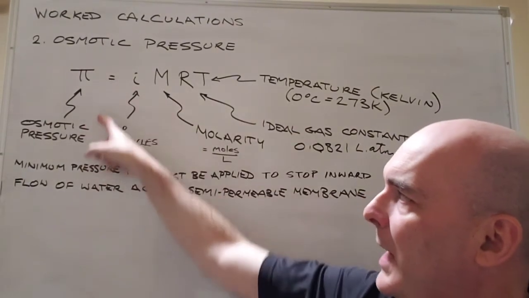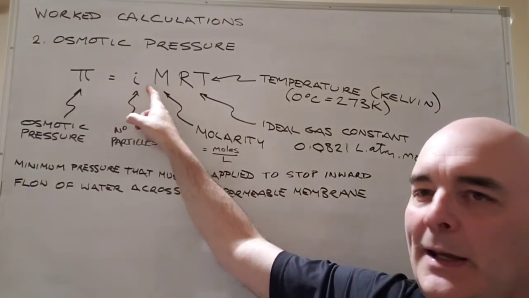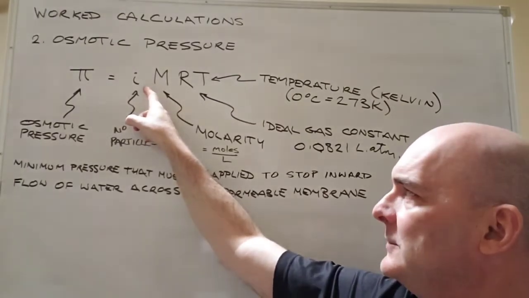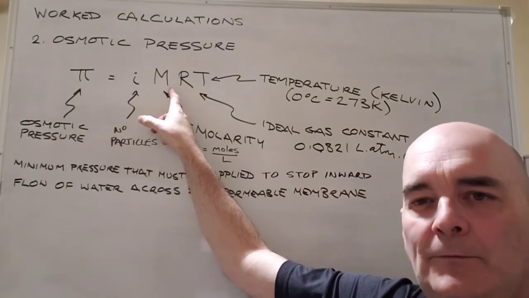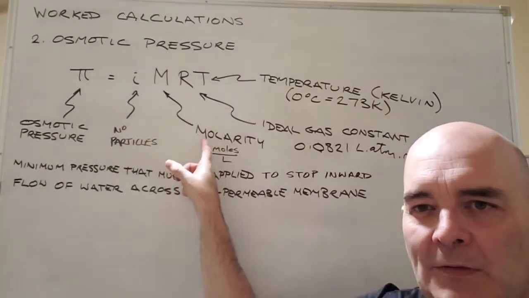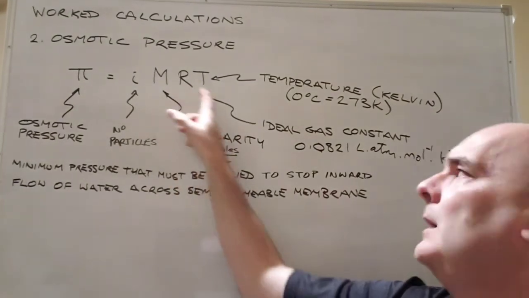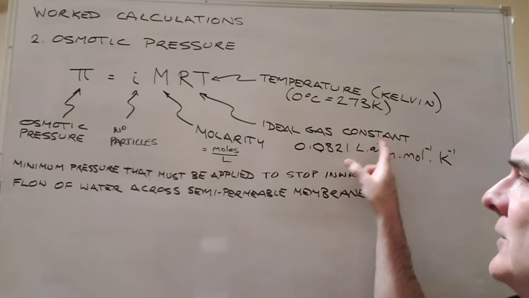Osmotic pressure, pi, is equal to i, that's the Van 't Hoff factor, that's just the number of particles in solution, times M, which is molarity. This is our moles per litre concentration, times R, which is something called the ideal gas constant.